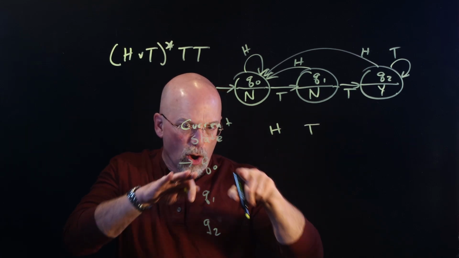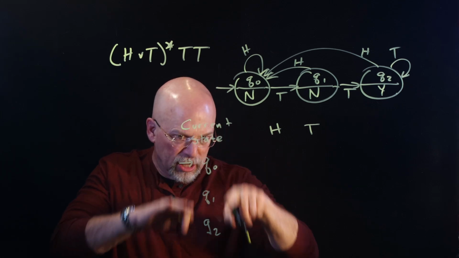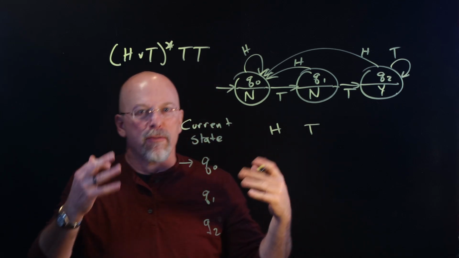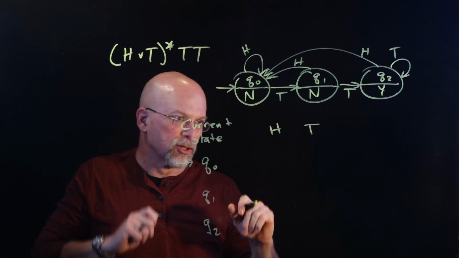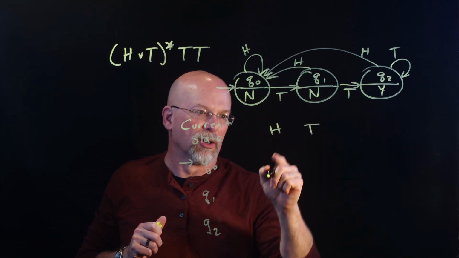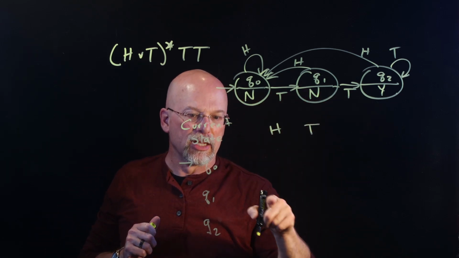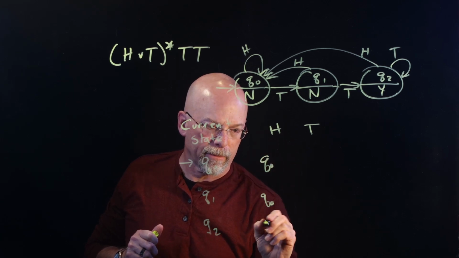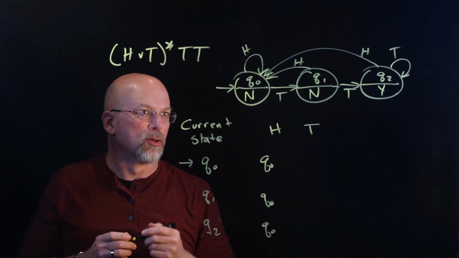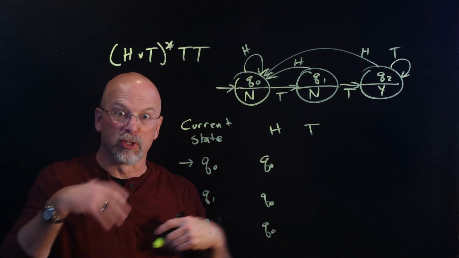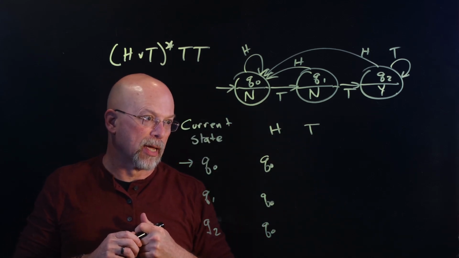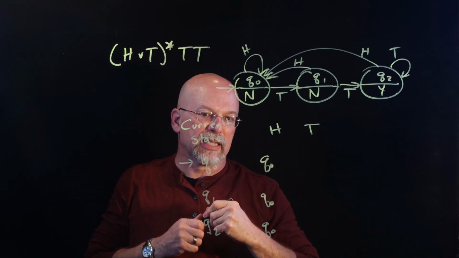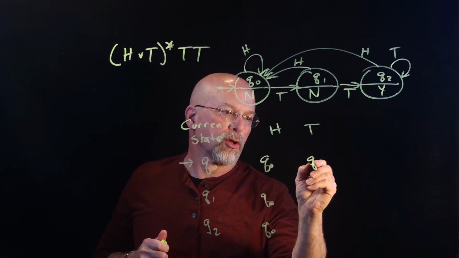And I need to show what I'm transitioning to from each one of these states for this fully deterministic state machine. What I've got is a heads from any of my states brings me back to Q0. Remember, I always go to Q0 whenever I get a heads because I'm starting over to look for those 2 tails. Now, if I get a tails from Q0, I go to Q1.